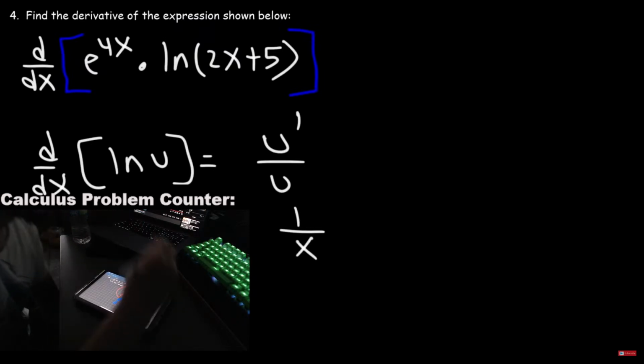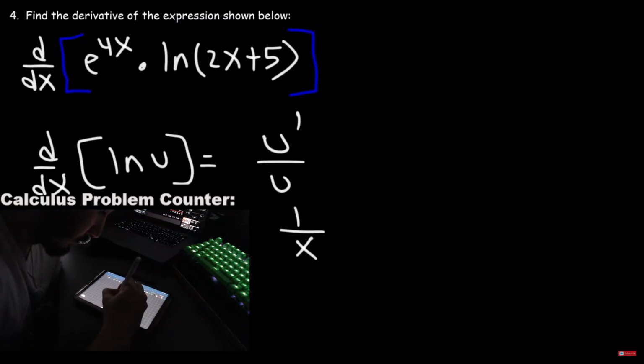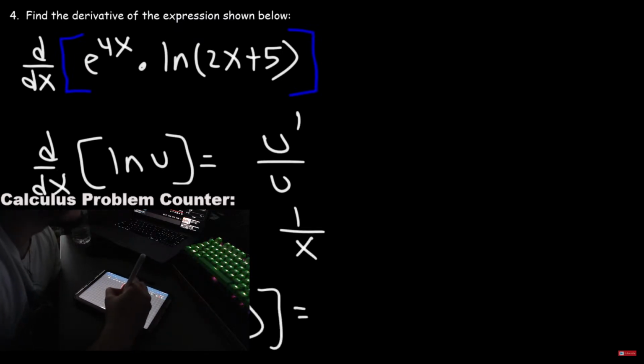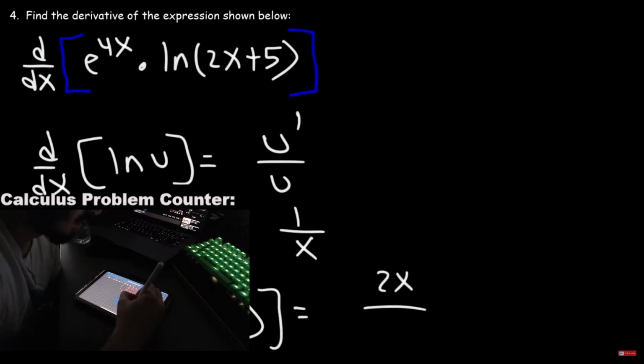Now let's say I have the derivative of ln of x squared plus 7. The derivative of x squared plus 7 is 2x. On the bottom, whatever is inside the natural log expression, we just need to rewrite that on the bottom.